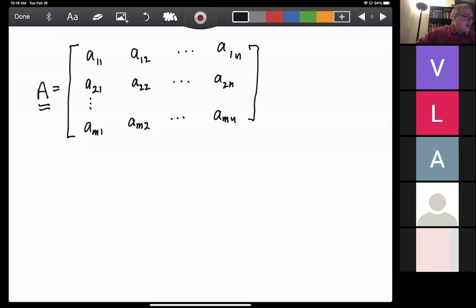And we can think of these subscripts. Again, they're double subscripts. So A sub i, and I'll put a comma in between just to separate the two pieces.